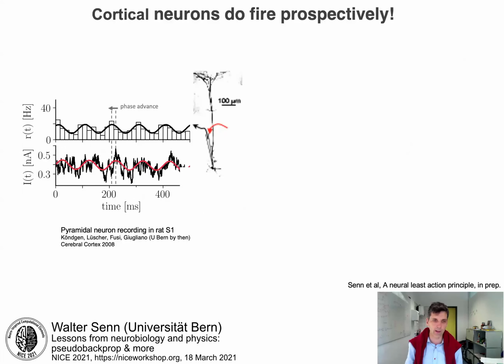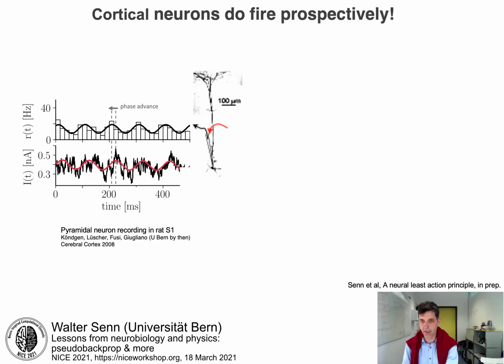And if we go back to all the experiments that we also do in Bern, we see such a thing. In fact, if we inject sinusoidal noisy currents into real pyramidal neurons and measure the instantaneous firing rate they elicit, those rates are advanced. It is as if those neurons are sensing that the input is going to decrease or increase again, and adapting their firing rate.